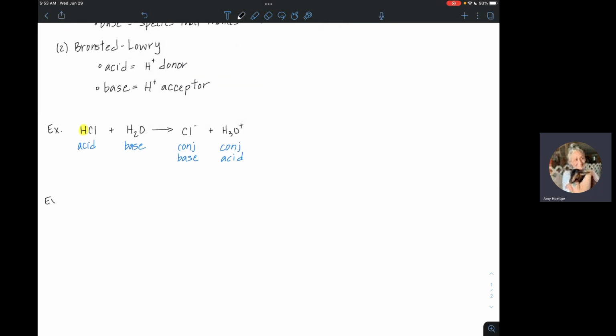For a diprotic acid, di means 2, right? Tri means 3. So for a monoprotic acid, we're good for donating 1 proton. For a diprotic acid, it's good for donating 2 protons, but they're not the same in terms of their strength. Once the first one is removed, the electron environment's a little different for the second. So we'll take something like sulfuric acid and realize that we're donating 1 proton at a time.